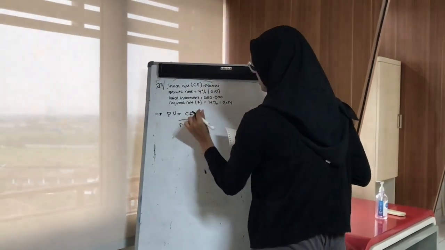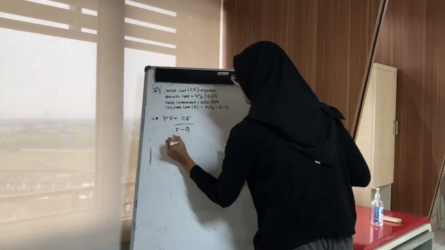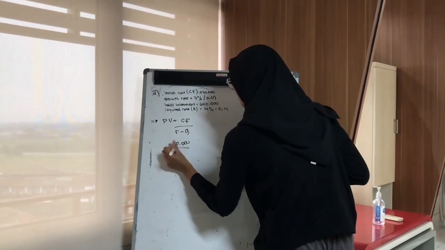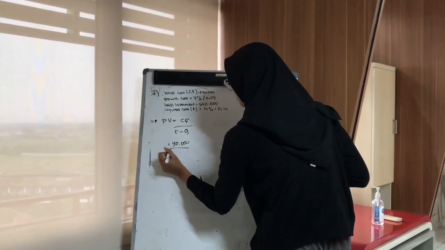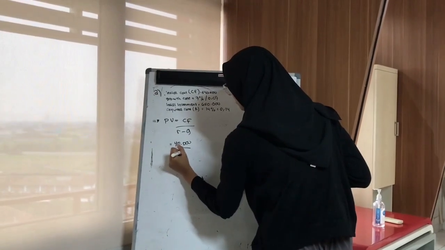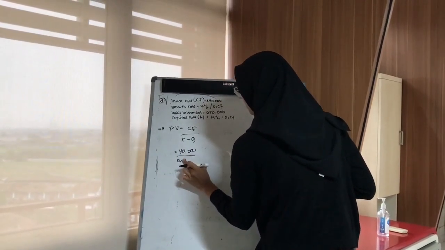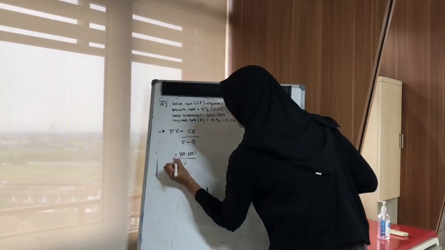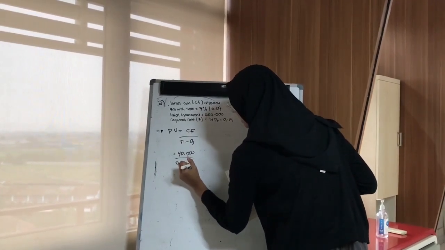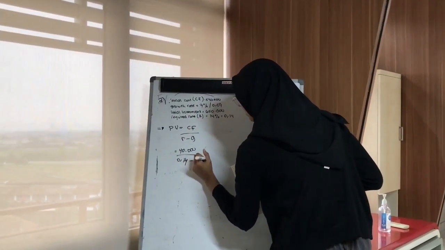So for the PV it is 40,000 divided by R, which is 0.14, minus 0.07.